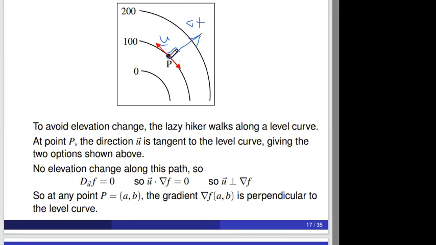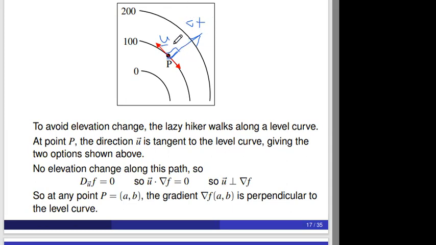So if this lazy guy is moving along this path, in this direction, the u direction, his movement is perpendicular to the gradient of f.